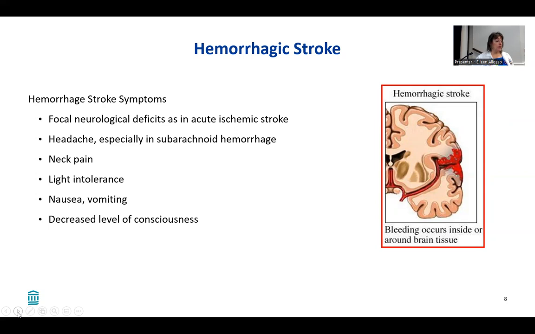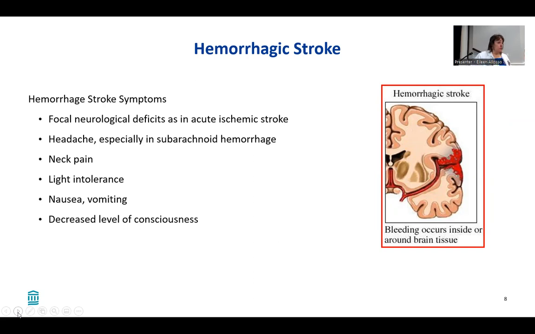You get the pain with the hemorrhagic stroke because there's blood, which is an irritant, and in the brain it's very irritating. So people get really bad headaches, they get neck pain, and they have symptoms which are more global in the brain, because instead of just a few cells being impacted, the brain is actually kind of getting squished, and where the blood is, the brain cells are irritated and just reacting and firing off abnormal signals.